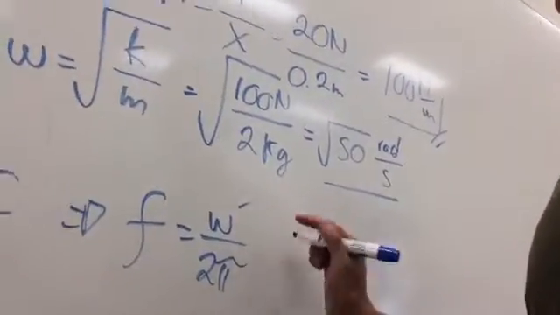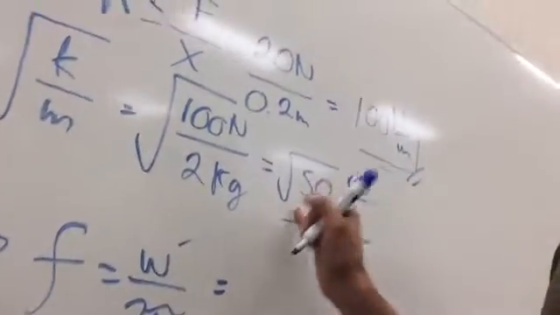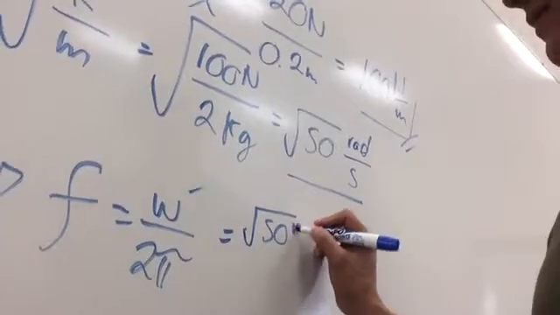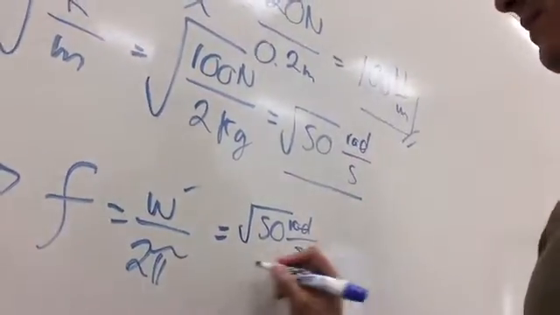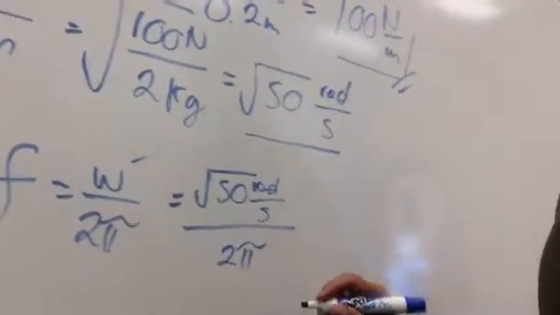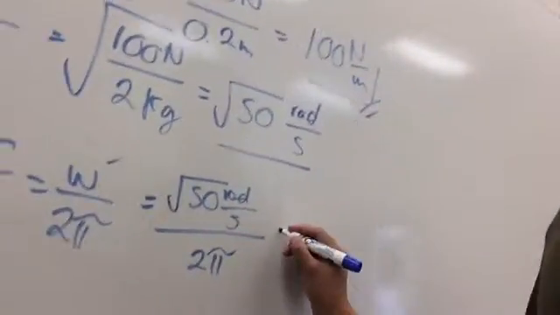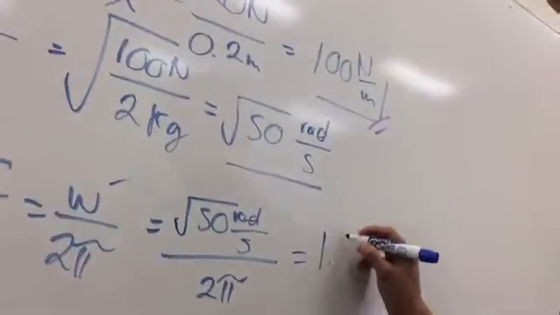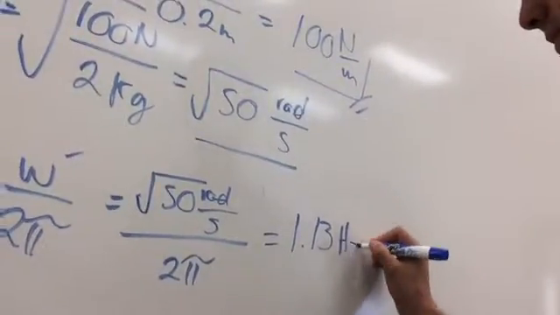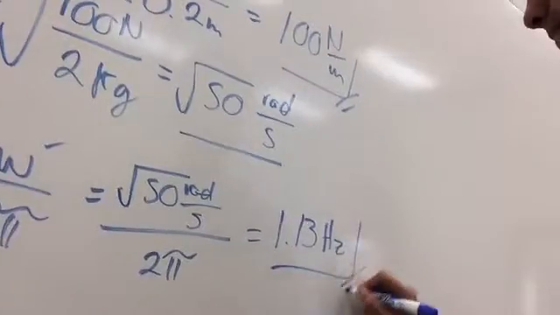We know omega, so we only substitute this value here. We obtain the square root of 50 radians per second over 2 pi, and as we solve this, we obtain that the frequency is equal to 1.13 hertz. This is the second part.